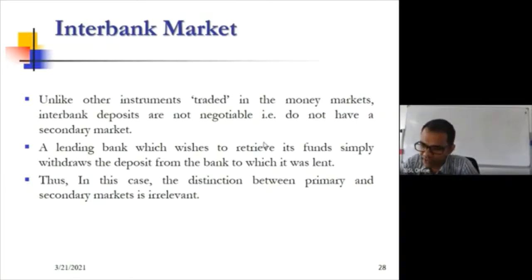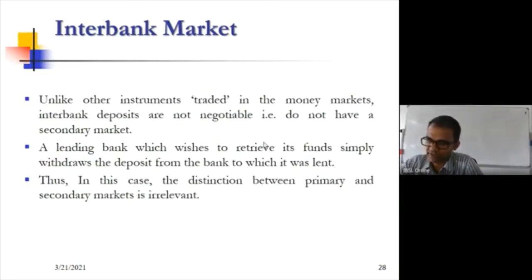The only thing you can do, if the other party agrees, is early settle the transaction. But generally you don't do that, because in a transaction one party is benefiting and the other party is incurring a cost.